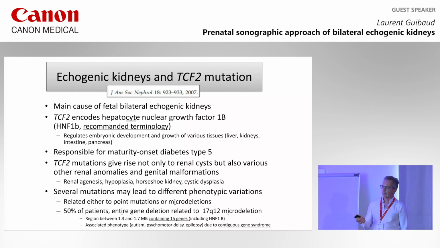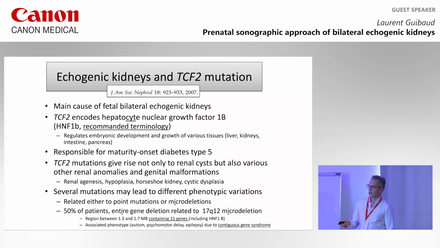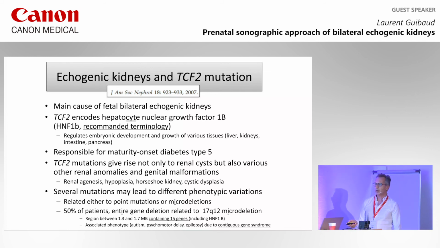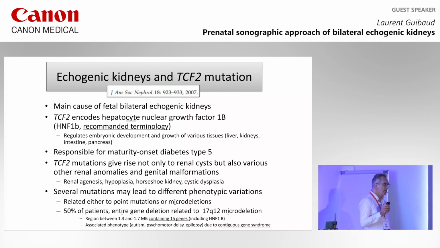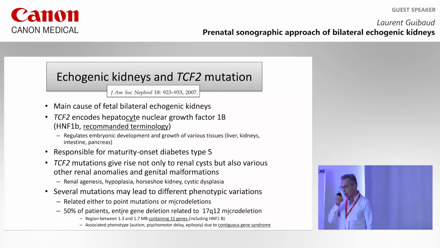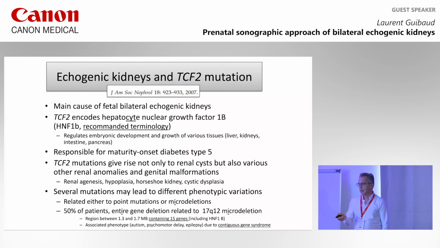And there were several mutations which may lead to different phenotypes, and it can be point mutation or it can be microdeletion. And 50% of the patients have, in fact, an entire gene deletion relating to a microdeletion on chromosome 17. This deletion contains more than 15 genes.